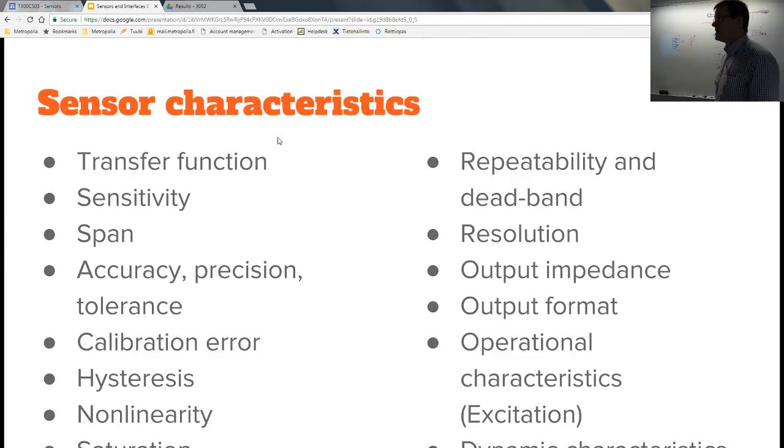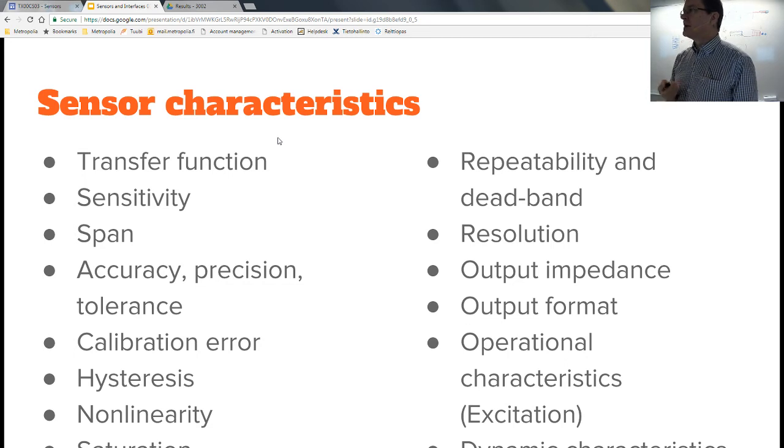Hysteresis. Hysteresis comes from physics. For example, ferrite materials have hysteresis. It means that when the signal is going up, it goes a different way than when it goes down. So basically the output has a memory of the previous values.